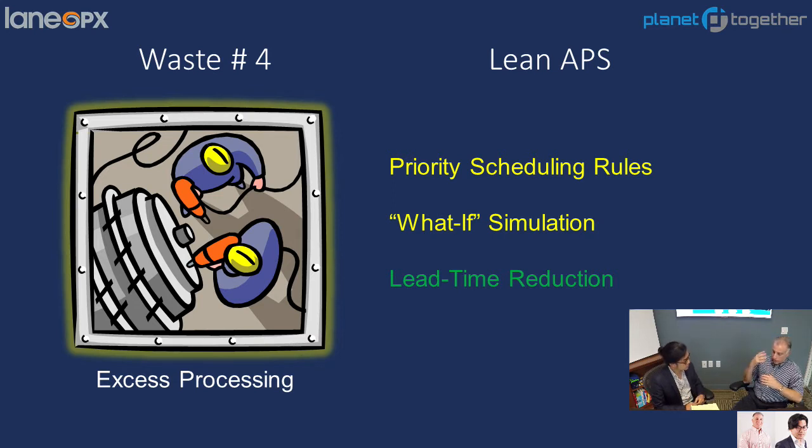You said the word rules, and that opens up some questions in my head. If I'm the CFO or the plant manager, and I really want to maximize revenue this month, and that means I look at which customers will bring in the greatest revenue, or which products have the greatest margin, can we set up scheduling rules to help me optimize what I schedule to maximize the revenue for a given time period?